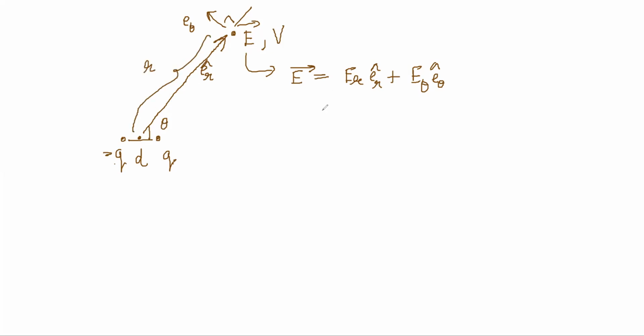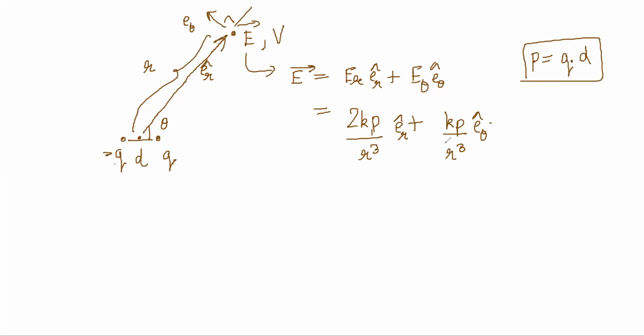Now we remembered formulas for this. I don't remember it very well, but if I recall correctly, it is 2kp by r cube e_r plus kp by r cube e_theta, where p is the dipole moment, p equal to q into d.